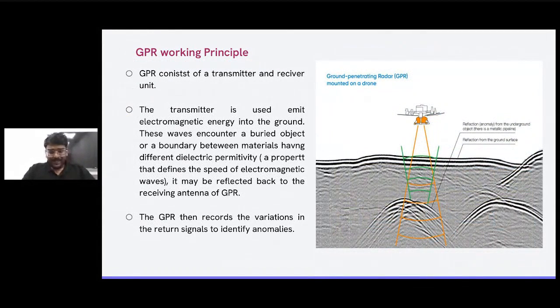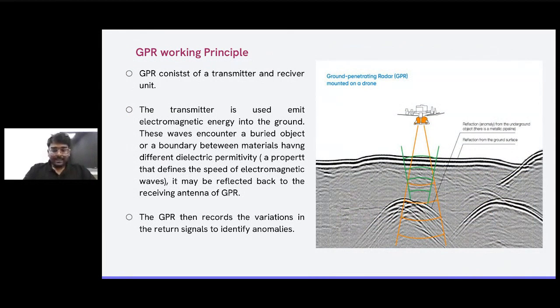Now, to the basic working principle of GPR. GPR has mainly two systems, a transmitter system and a receiver system. The transmitter transmits electromagnetic waves in the form of radar signals.